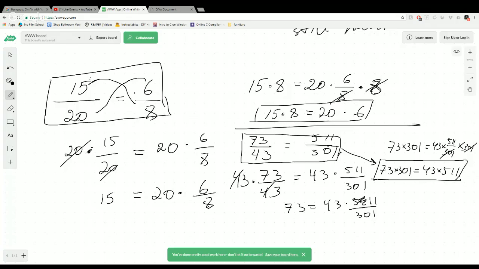Then to both sides, we multiplied 301. So when you do the same operation to both sides of the equation, you're not really changing your equation. You're just modifying the way it is written. It's analogous to the fact that I can write the number 3 and I can write the number 5 minus 2. They're just written in different forms, but they're the same thing. So it's exactly the same here.